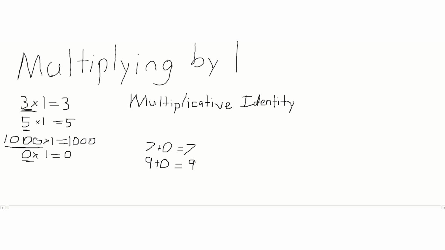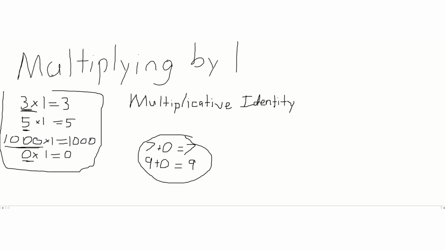So as you see here, the additive identity means that you're adding 0, while the multiplicative identity means you're multiplying by 1. Another name for these identities is the identity property of addition for these examples, and the identity property of multiplication, as you can see with these examples.